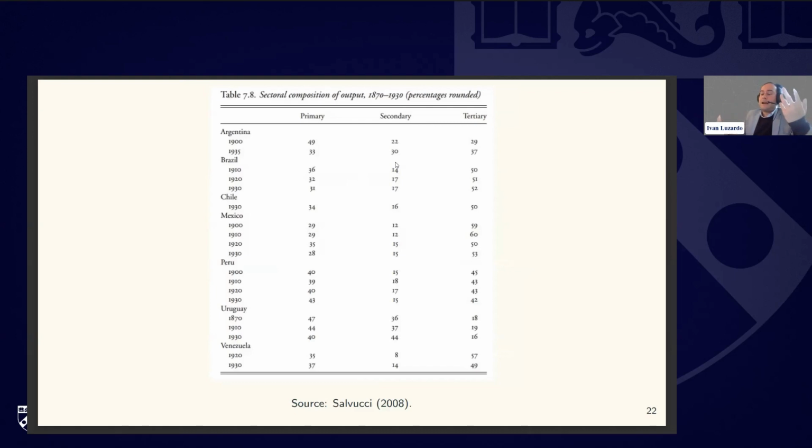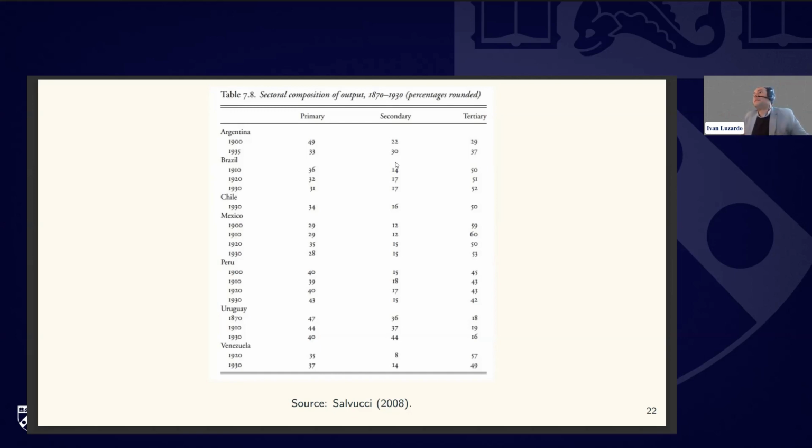So we have this very influential chapter that I mentioned before by Salbucci, that he titled export-led industrialization. And basically the idea is that the surplus generated by the export sector created the conditions for the early stage of industrialization.